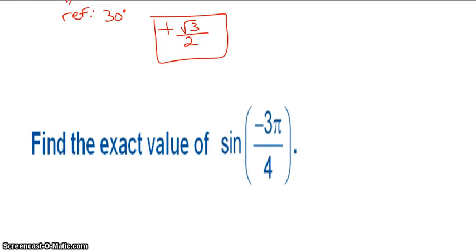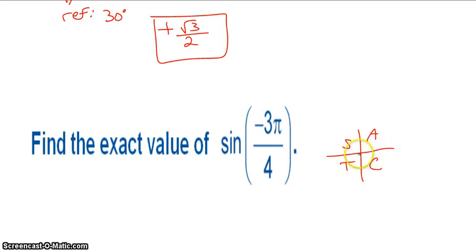In radians, same idea. So I want to think about what's my coterminal, which quadrant am I in, am I positive or negative there. So negative 3 pi over 4, I can add 2 pi. I can also think about if I was going to be graphing this.